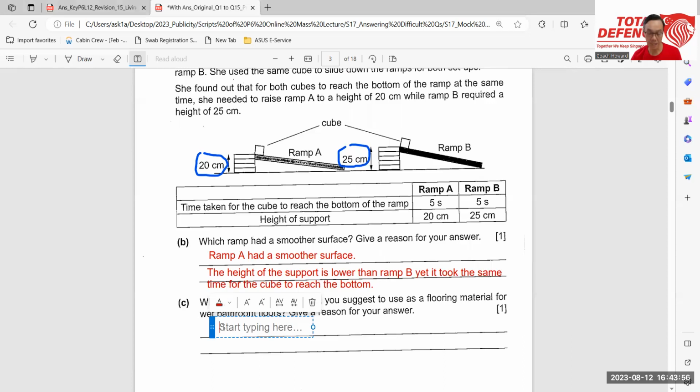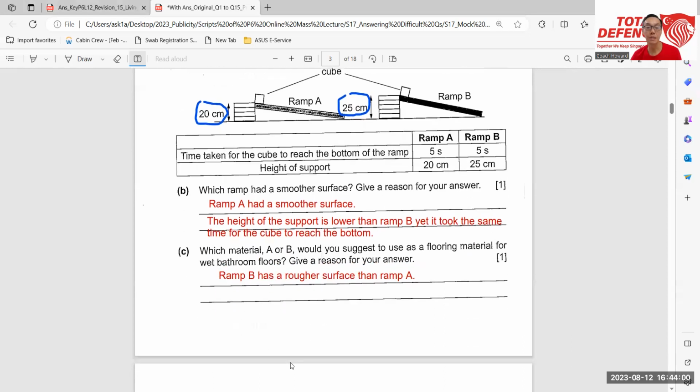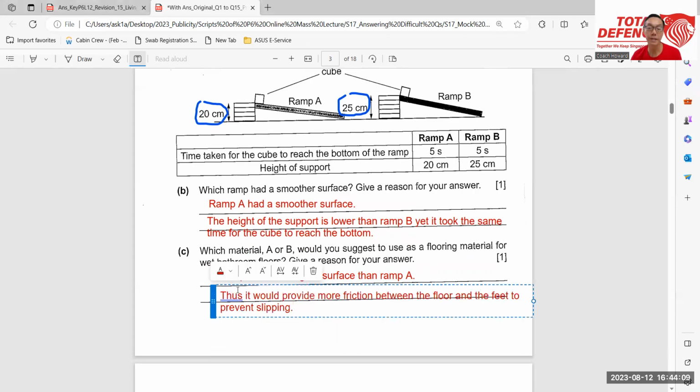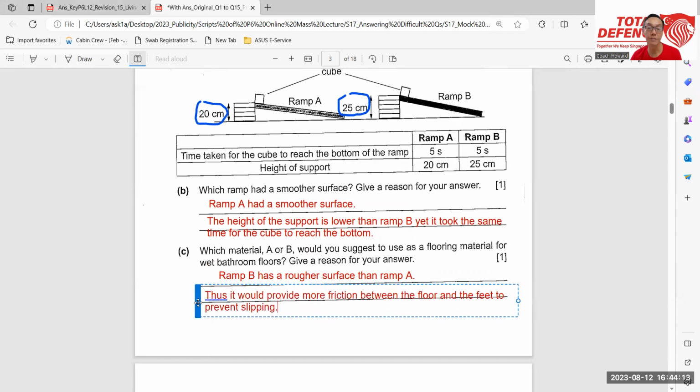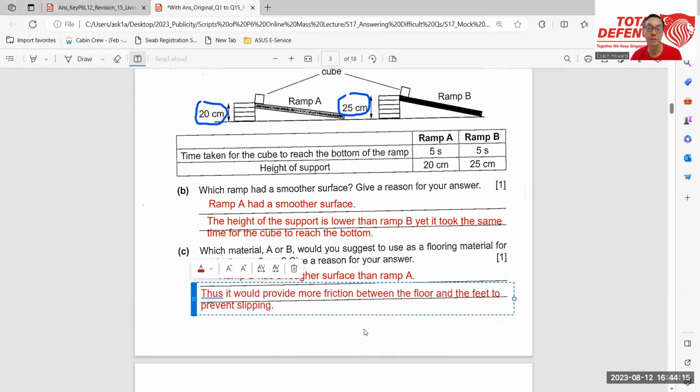So for part B, you indicate this, and the reason is, okay, thus it provides more friction or greater frictional force between the floor and the feet to prevent slipping.